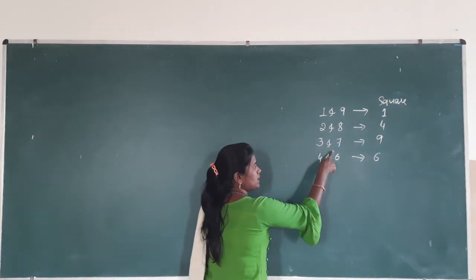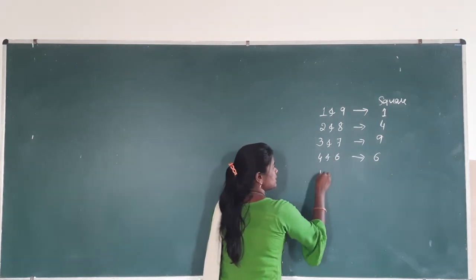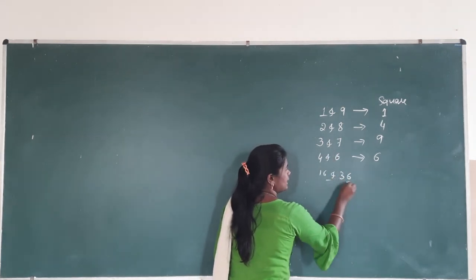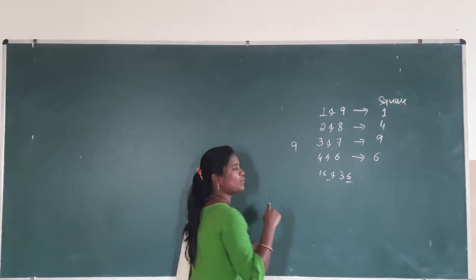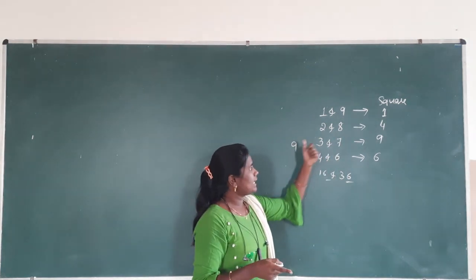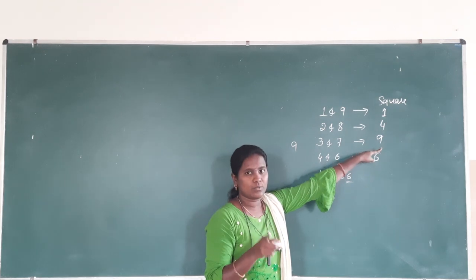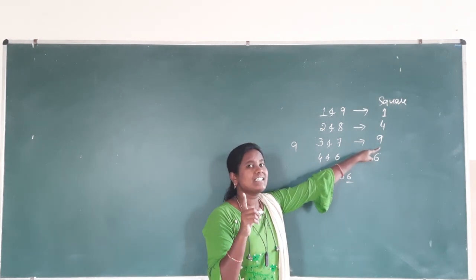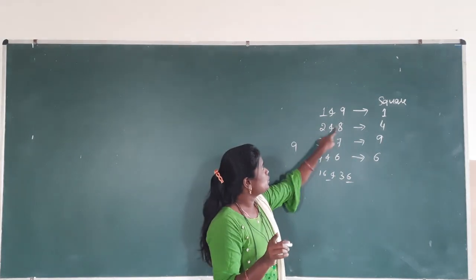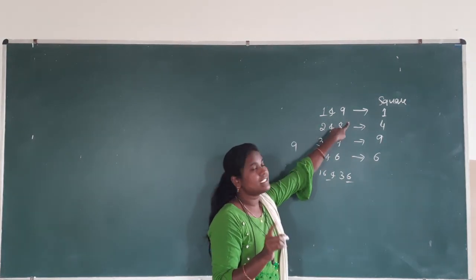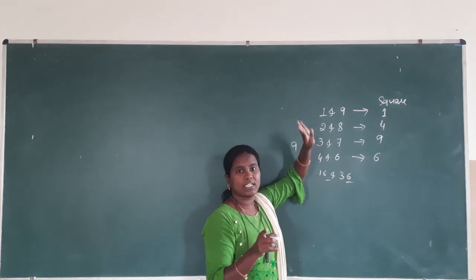4 square is 16, 6 square is 36, and 16 and 36 end with 6. 3 square is 9, 7 square is 49, so 9 and 49 end with 9, where 9 and 49 are the squares of 3 and 7 respectively. 2 square is 4, 8 square is 64, so the digit is 4.